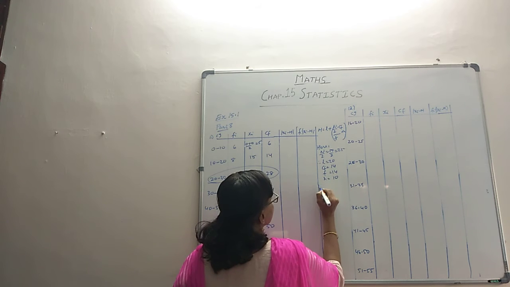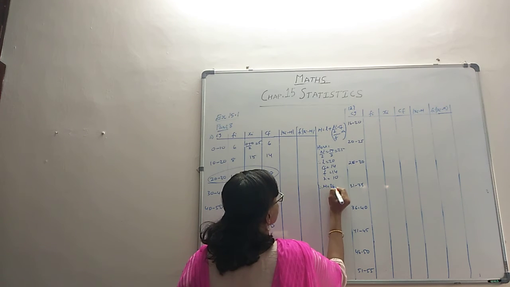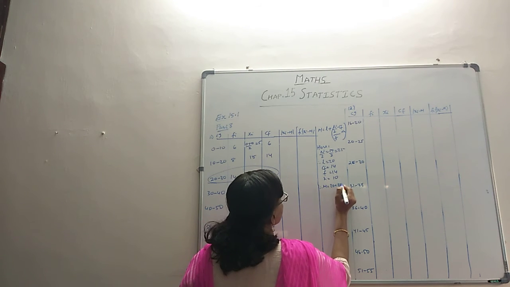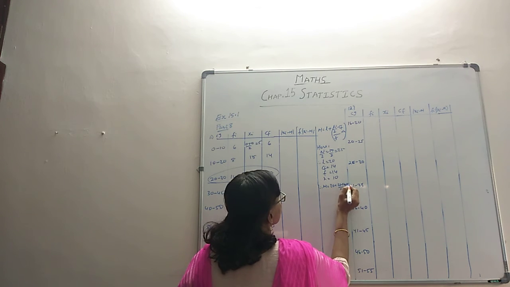So let's calculate and find the median. L is 20, n by 2 is 25, Cf is 14, f is 14, into 10.